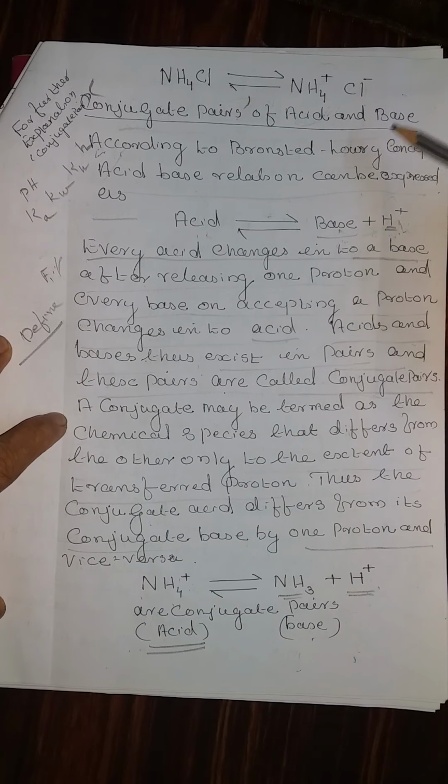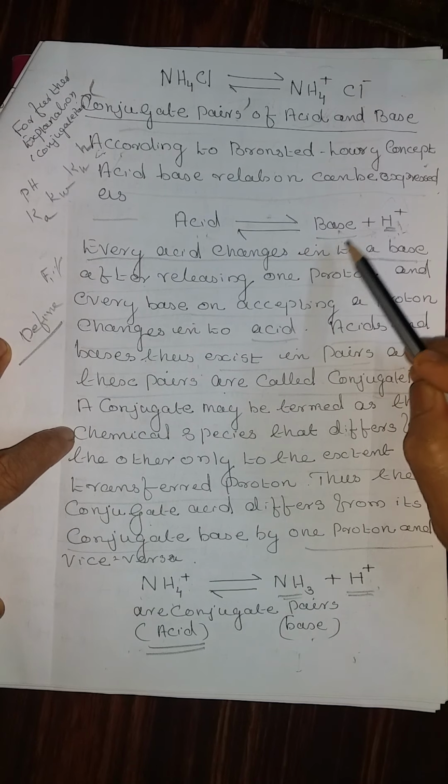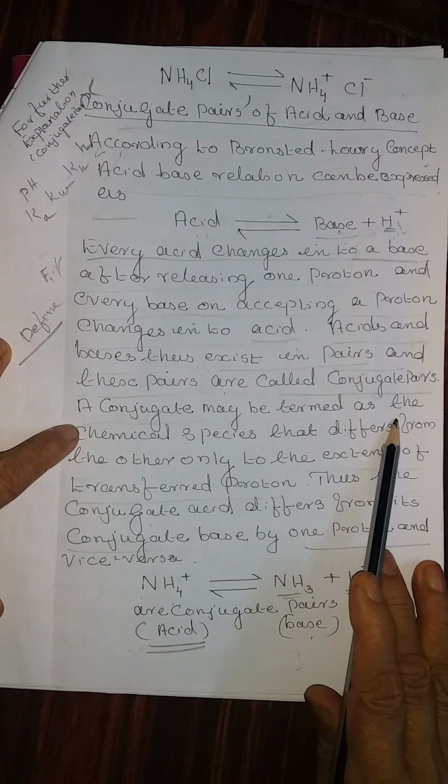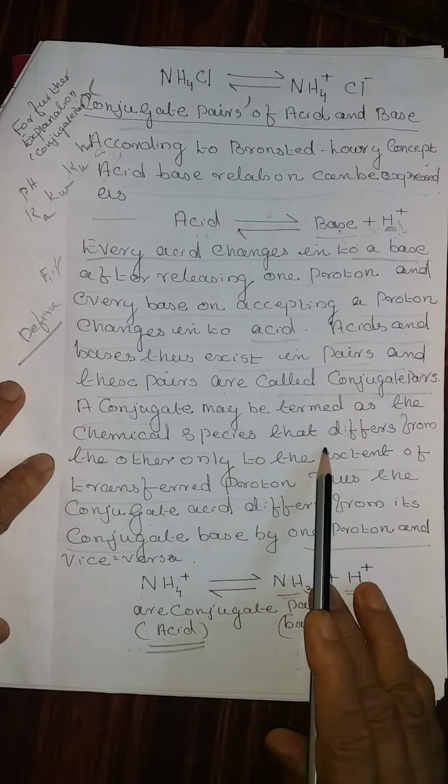The basic theory is based on Bronsted-Lowry concept, and the equation is this to represent Bronsted-Lowry concept. A conjugate pair may be termed as chemical species that differ from each other only in the extent of transferred proton. That means that this pair, acid and base, differ only in the presence of this H plus ion.